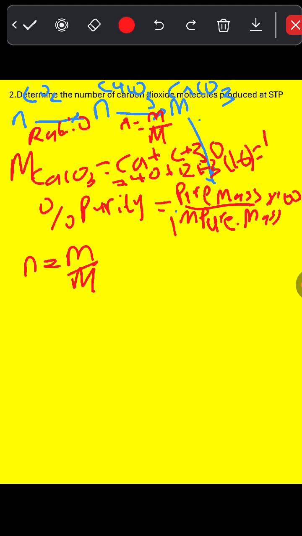And you'll get a molar mass of 100 grams per mole.